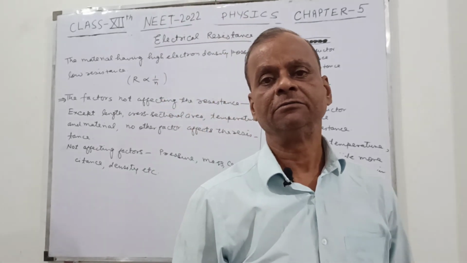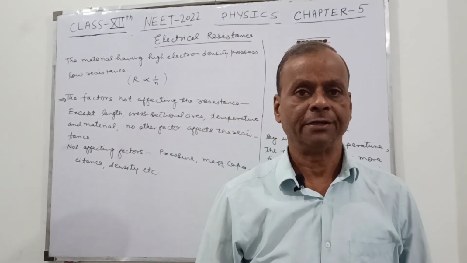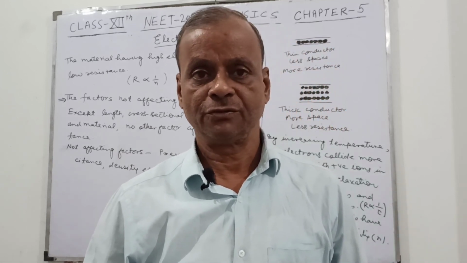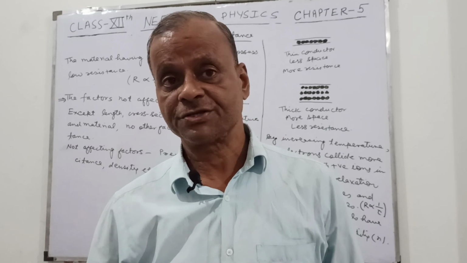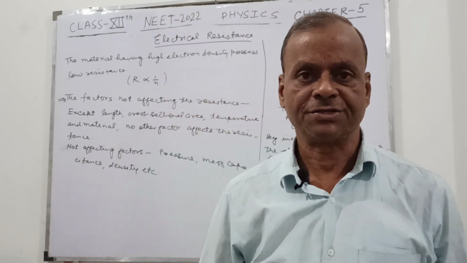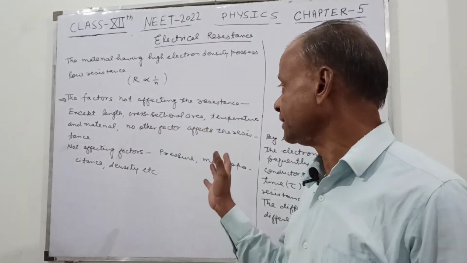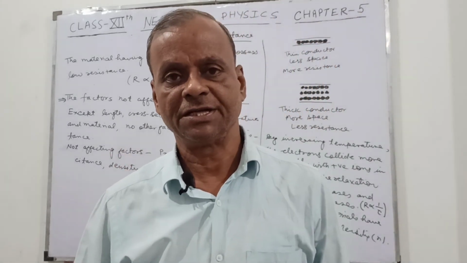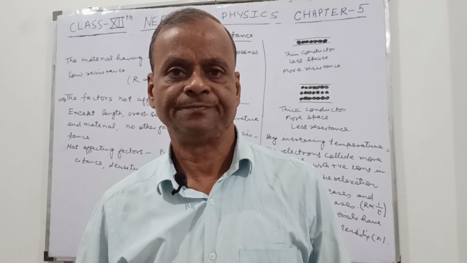So I think this will give you a good knowledge of what happens when the resistance is increased or decreased, and moreover the factors which do not affect the resistance of the conductor.